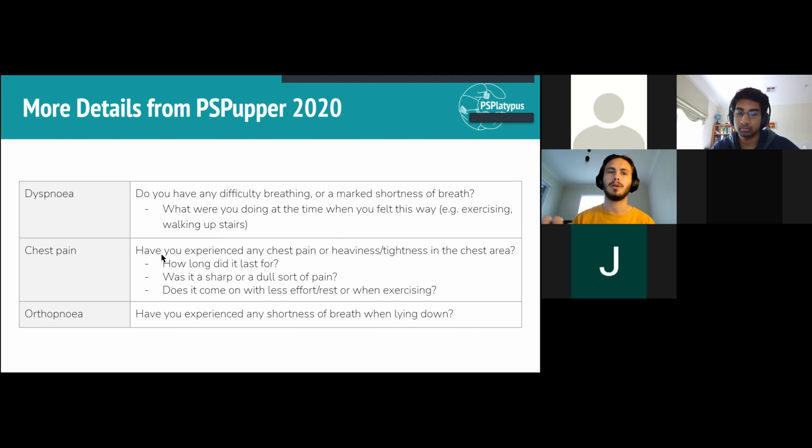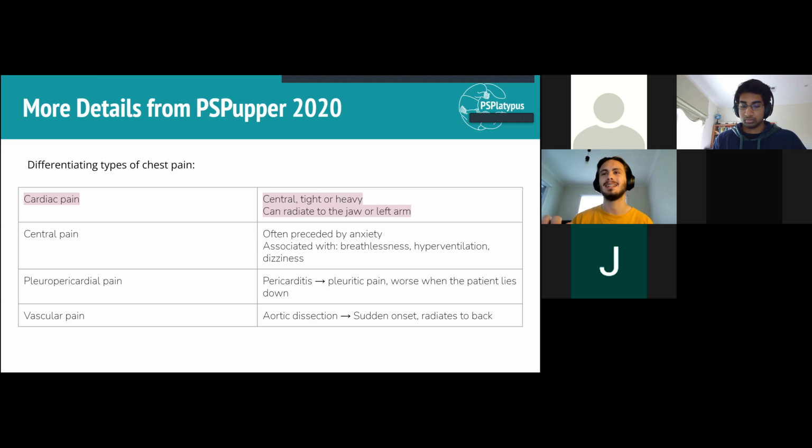I'll briefly note on chest pain that really this heaviness or tightness is a particularly suggestive sign of a heart attack. I think on top of that, it's sort of just occurring, localizing to, I think, the left arm. And on top of that, we'll actually get onto the next slide.